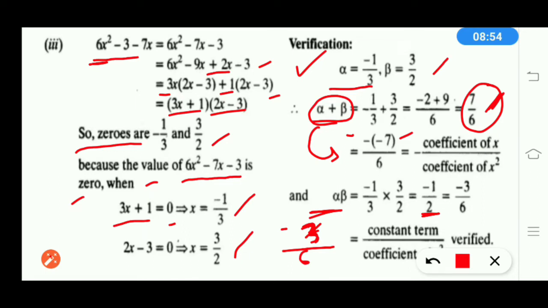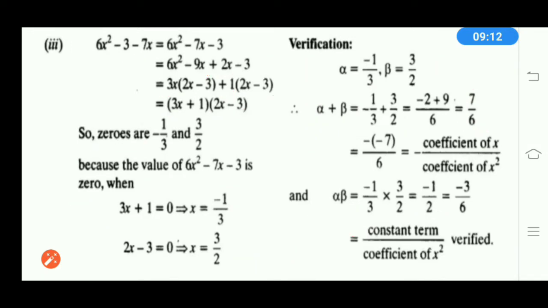So that means minus half. Clear? Minus half. So here minus half. So this is also verified. That means alpha into beta equals minus 1 by 2, and the constant term divided by the coefficient of x square is also minus 1 by 2. So verified.